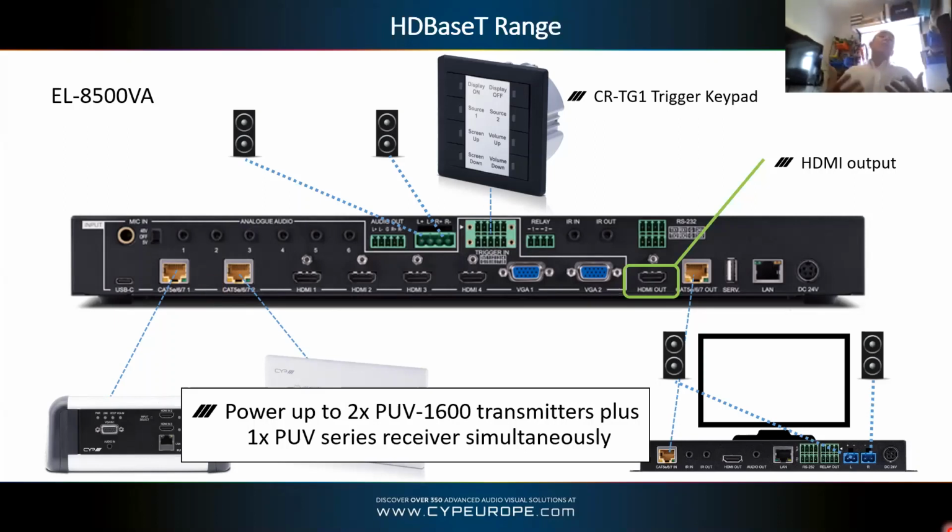If you don't need those remote sources coming centralized into this, then that's why we produced the EL-XTREAM-PIP, because the HDBaseT chips do add cost to the unit. So those have been stripped out, and as Dan said, replaced with DisplayPort and HDMI.